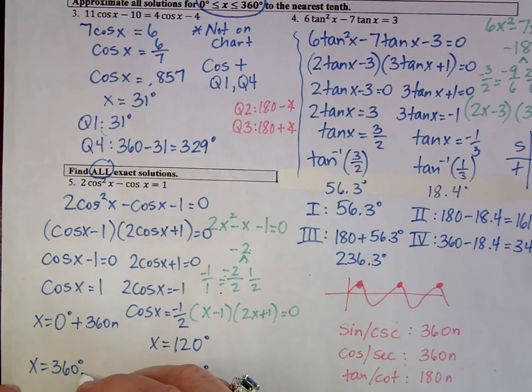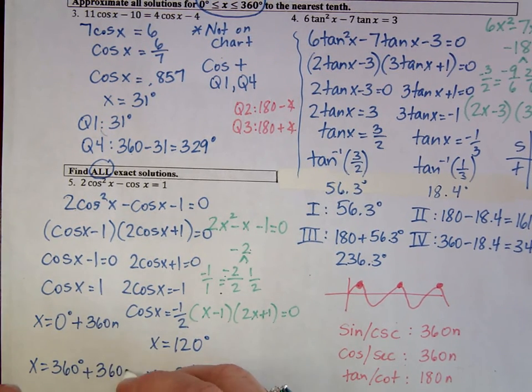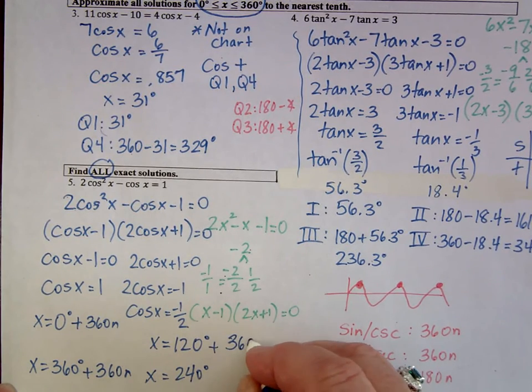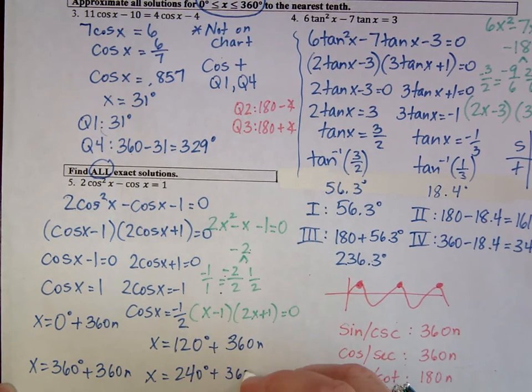This guy's still cosine, plus 360n. So if you have a function that is sine, cosecant, cosine, or secant, you're adding plus 360n's. If you have a tangent or cotangent, you're adding plus 180n's.